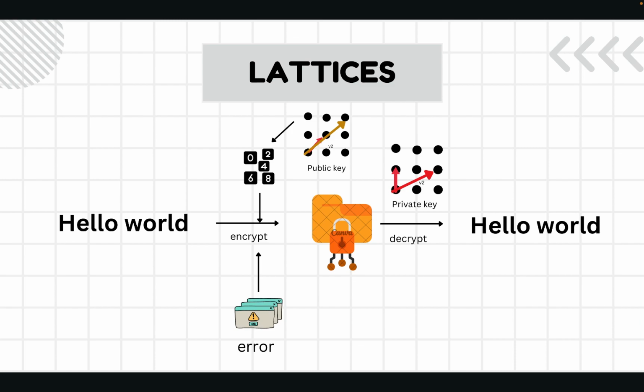Using a short and nearly orthogonal lattice vector, labeled v2, the private key lattice structure is optimized for this process, making decryption feasible for the intended recipients, but infeasible for anyone not in possession of the private key. After decrypting with the private key, the original message hello is well recovered.